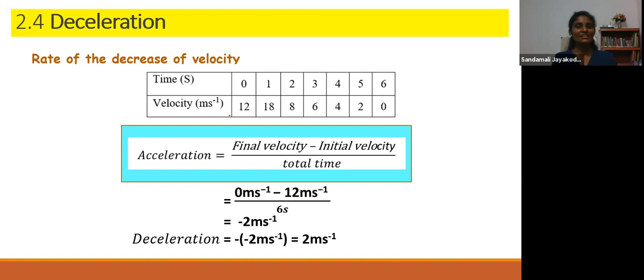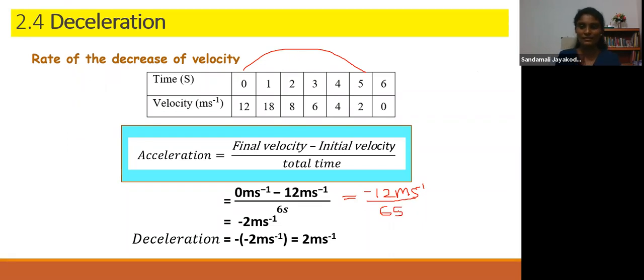Our initial velocity is a big value, but the final velocity is a very small value. So we will get the difference between final velocity and initial velocity as a minus value. So for the total time interval mentioned here, from 0 to 6 seconds, we will get minus 12 m/s divided by 6 seconds.